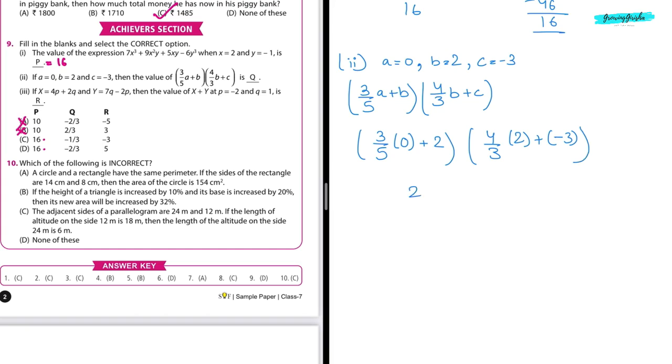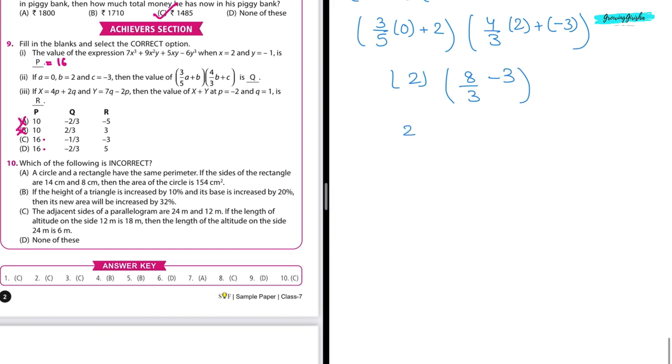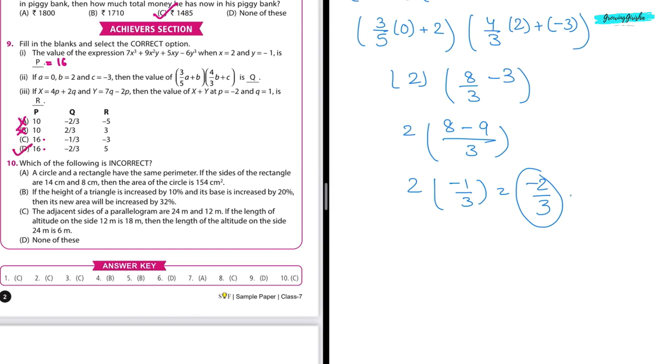Anything multiplied by 0 is 0. So 2 and 4 2s are 8. 8 upon 3 minus 3. 2 bracket 8 minus 9 upon 3. 2 bracket minus 1 upon 3 which is minus 2 upon 3. That means option D is the correct answer.